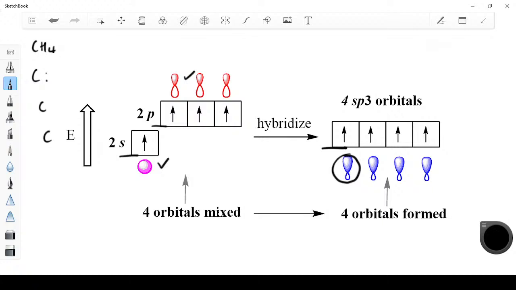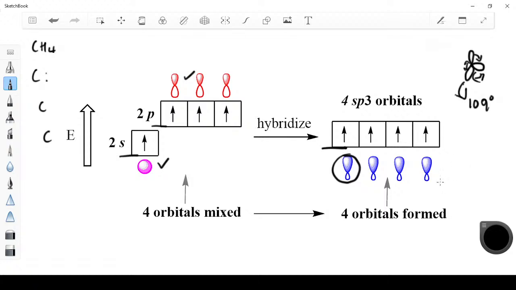So why is that the case? Because the s orbital will increase the electron density and it will look something like this. So there will be repulsion here and they will reach a position of minimum repulsion. That angle is 109 degrees. Okay. So this is why hybridization takes place, to explain these two phenomena.